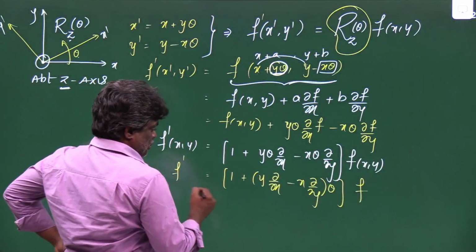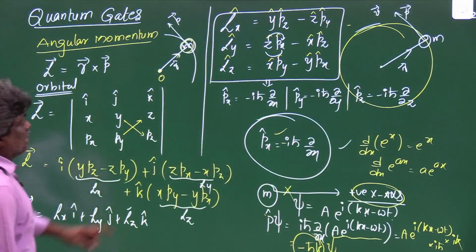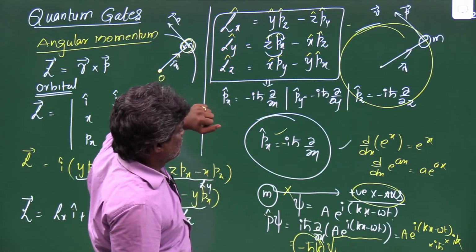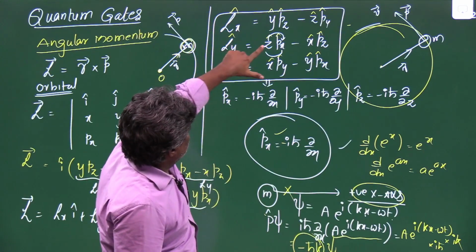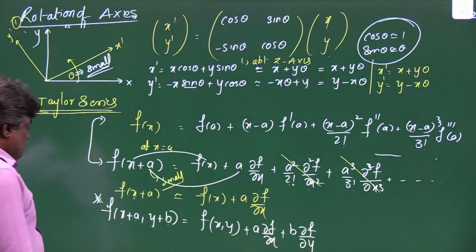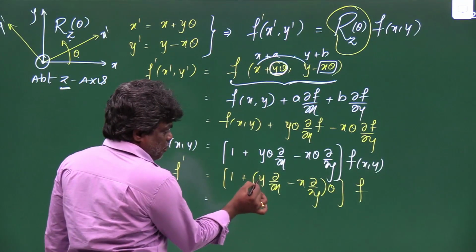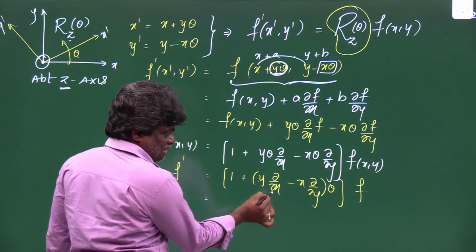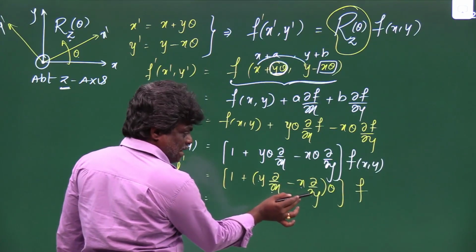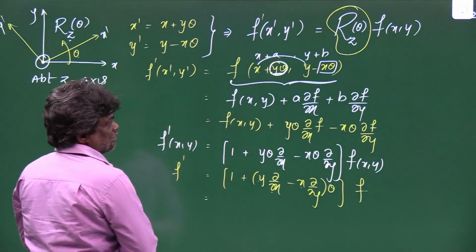Now, in the beginning I explained something here: Lx, Ly, Lz. All the operators contain i h cross in something. Am I right? If you see carefully, here y px, x py, but minus i h cross is missing.